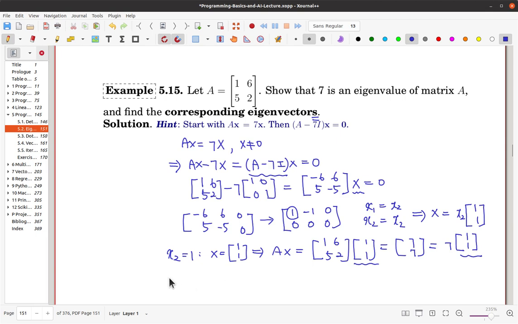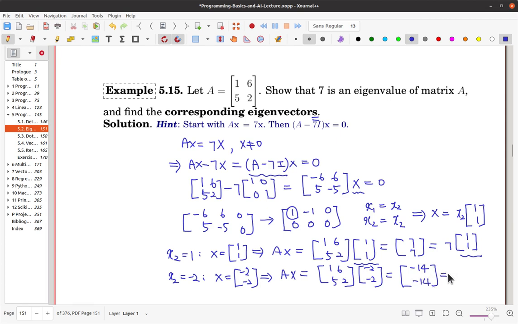Now, for example, we choose x2 equal minus 2. Then x must be minus 2 and minus 2. Now Ax, with the same matrix 1, 6, 5, 2 and x equal to minus 2 and minus 2, gives minus 2 minus 12, that is minus 14, and minus 10 minus 4, again minus 14.